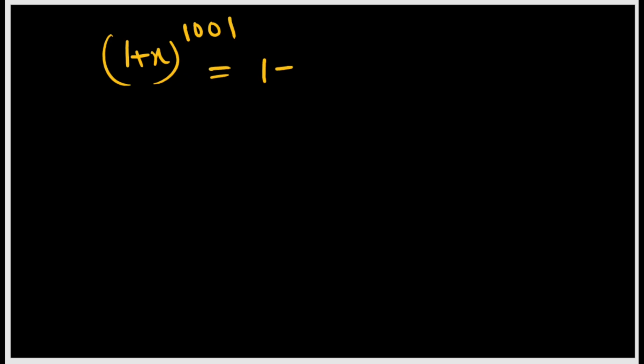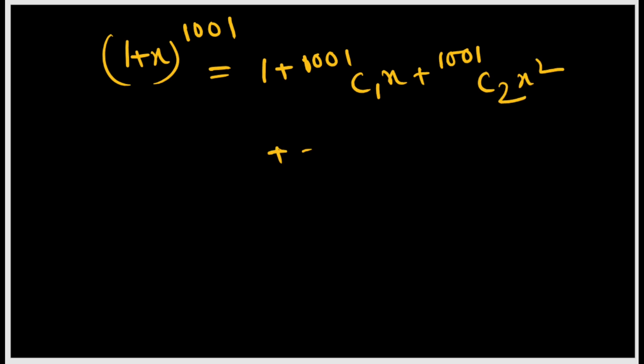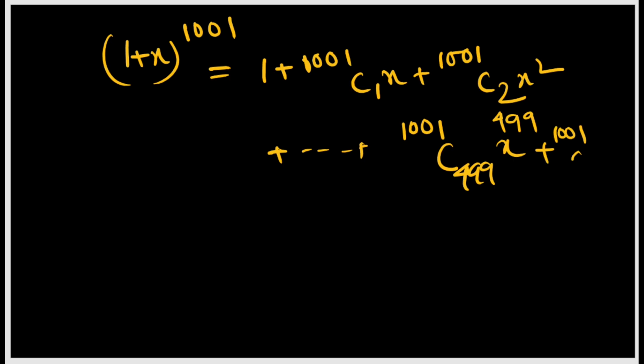So we will get 1 plus 1001 c1 x plus 1001 c2 x square and so on. So we will find 1001 c499 x power 499 plus 1001 c500 x power 500 and so on. The last term is x power 1001. So we only need this coefficient and this coefficient.